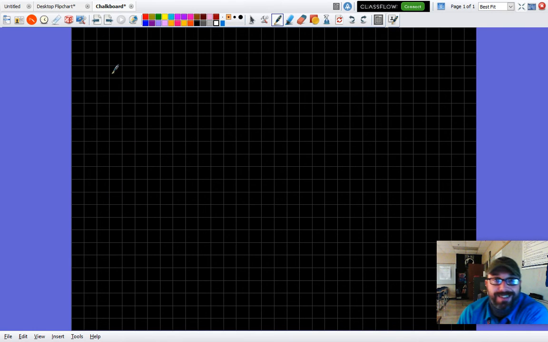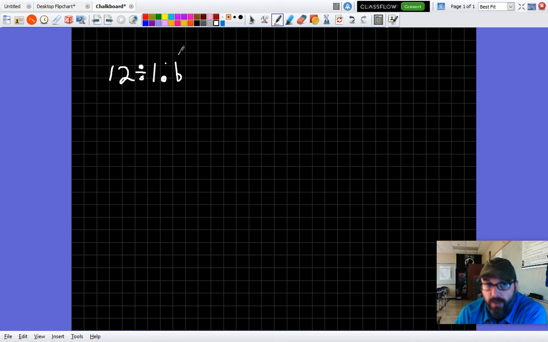So let's get rid of some of this and give ourselves some room. Our first example that we should look at is 12 divided by 1.6. So 12 divided by 1 and 6/10.